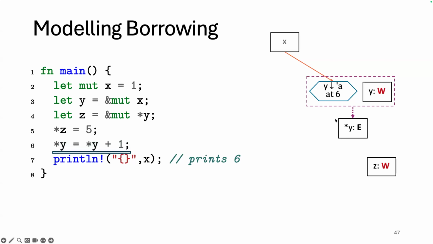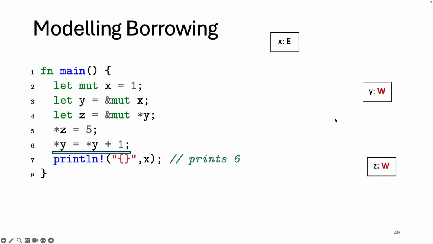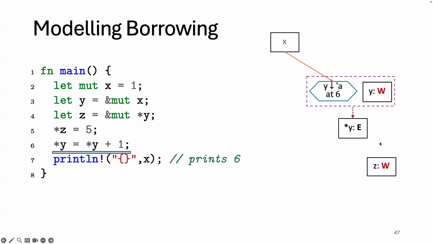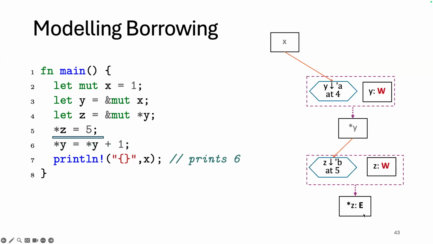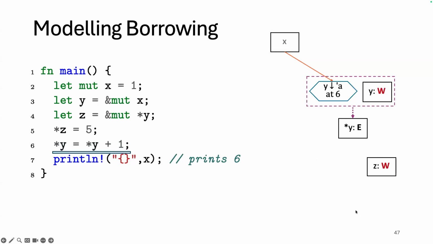The reorg after the last statement puts capability back into X. So at any given point, either X, star Y, or star Z has exclusive capability. It's never the case that more than one of these has capability at the same time.